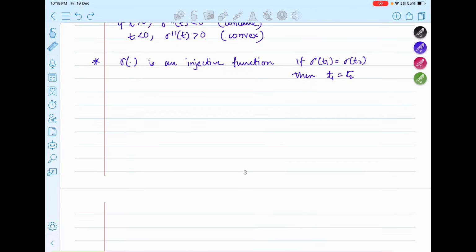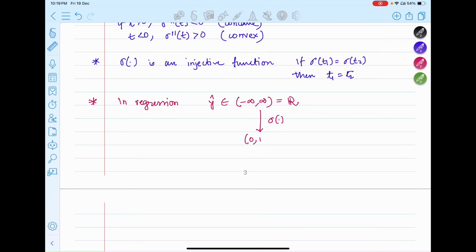So in regression, what happens? We try to predict some y hat, which can be any real number, so typically it lies in minus infinity to infinity, the entire real line. In logistic regression, we additionally map it using the sigmoid function to the open interval (0, 1).